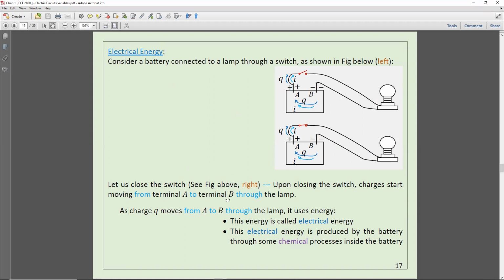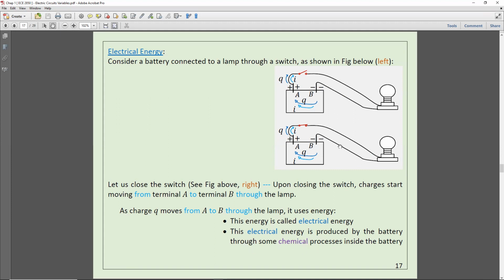Let us close the switch. The current will flow. Here charge Q moves from A to B. Charges start to move because of the chemical reaction here. This energy is called electrical energy. The electrical energy is produced by the battery, and in this case it is produced by a chemical process.